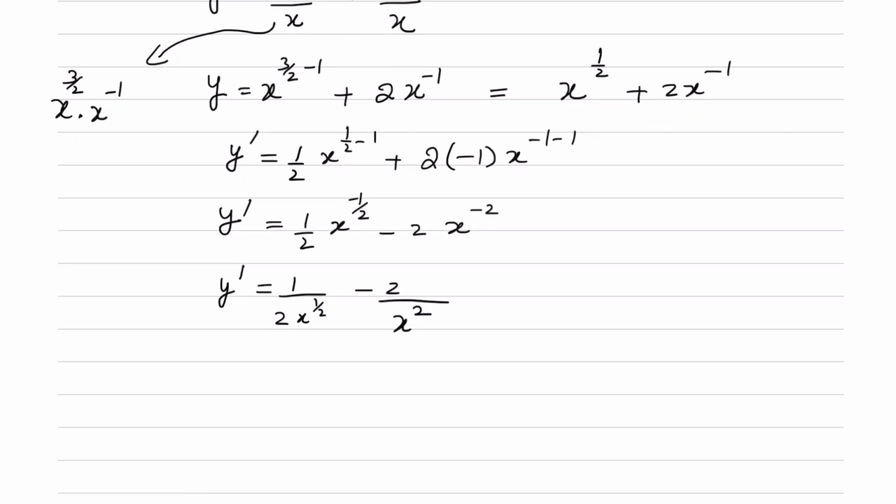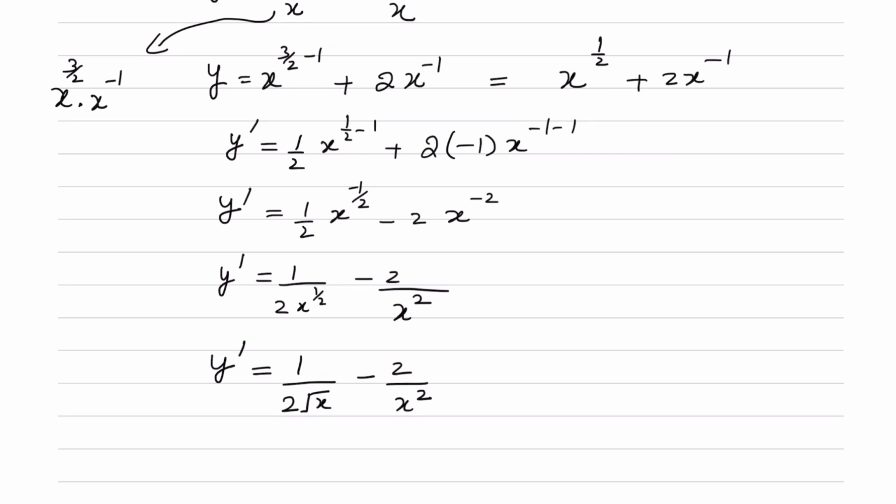So we bring x to power minus 2 down, it becomes x square. We have y dash is equal to 1 over 2 square root x minus 2 over x square. So this is how we attempt the power rule of derivative. So in the next video lectures, you will see that we will find the derivative of the functions by applying the product rule and the quotient rule.